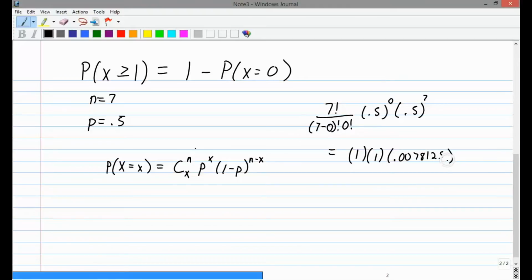So that is what I need to subtract from 1 to get my probability. 1 minus 0.0078125.